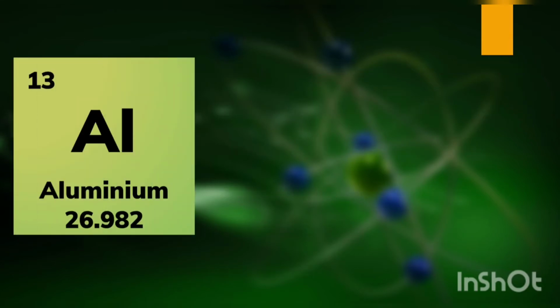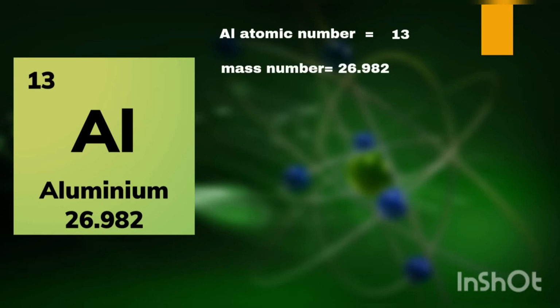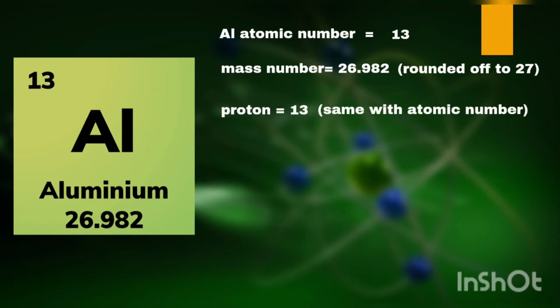Then we have the aluminum atom. What is the atomic number of aluminum? If your answer is 13, then your answer is correct. Its mass number is 26.982. Then we round it off, the answer is 27. The number of protons is 13 because remember that the number of protons is the same as atomic number.